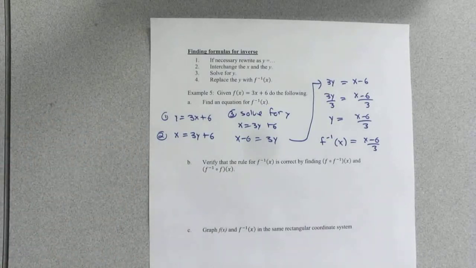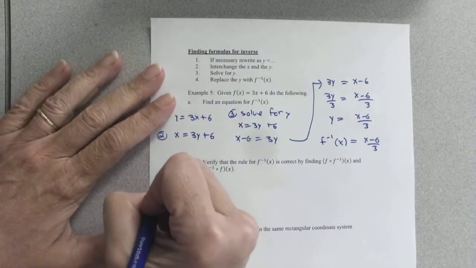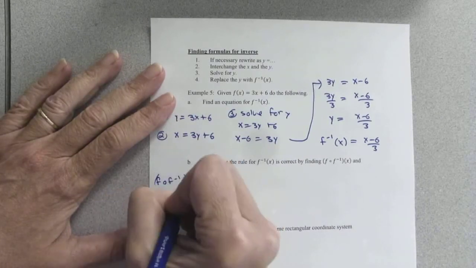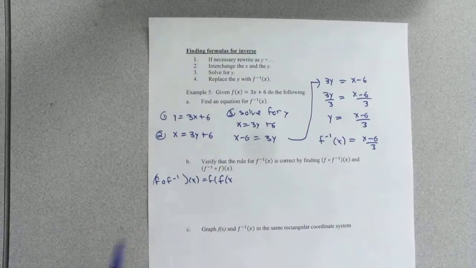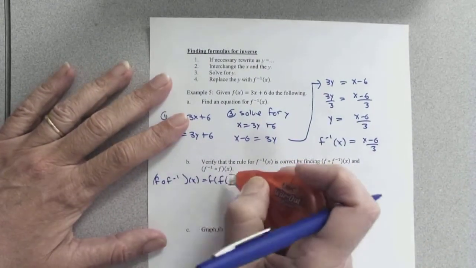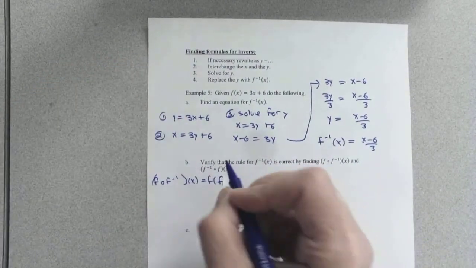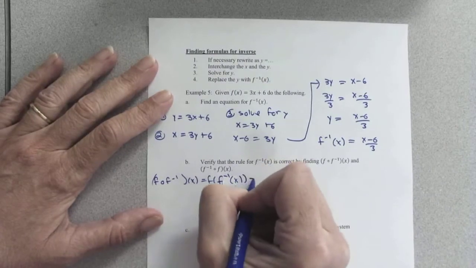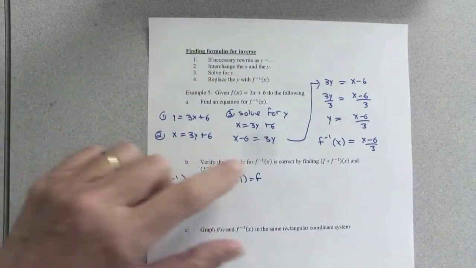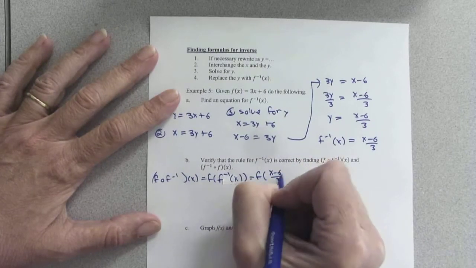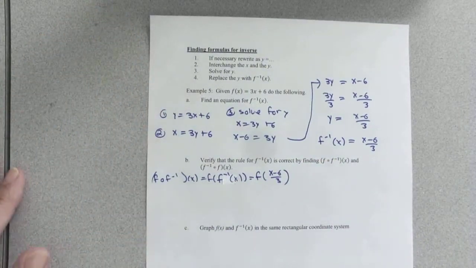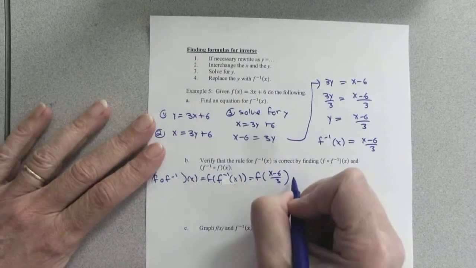2, verify the rule for f inverse by finding f of f inverse and f inverse of f. So f of f inverse. I start on the inside, replace f inverse with its formula, which was (x minus 6) over 3.